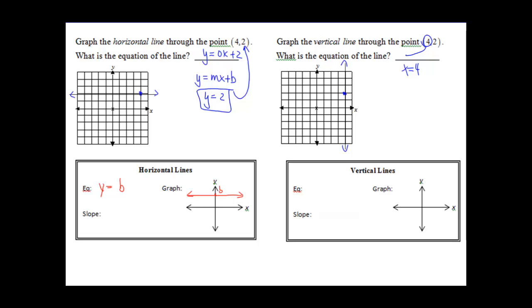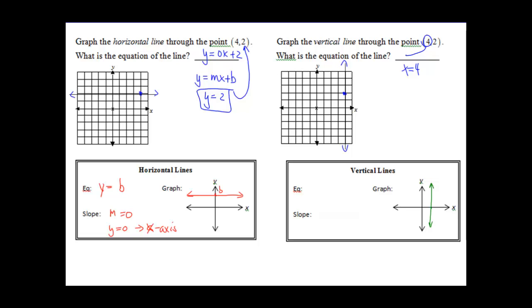The slope, what's the slope? Well, we know it has no slope, so m equals 0. If y equals 0, then we know it's the x-axis.